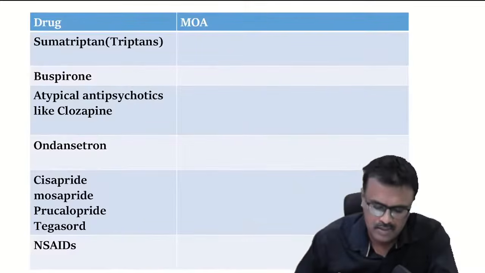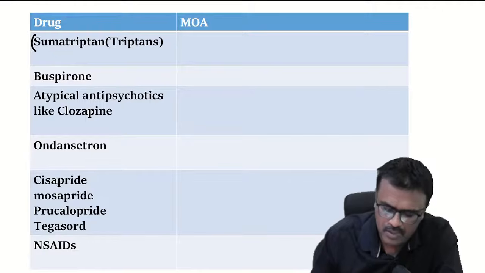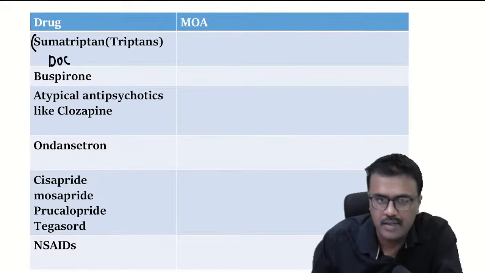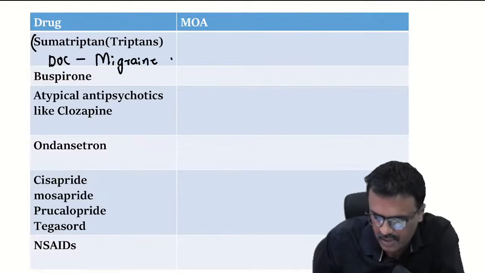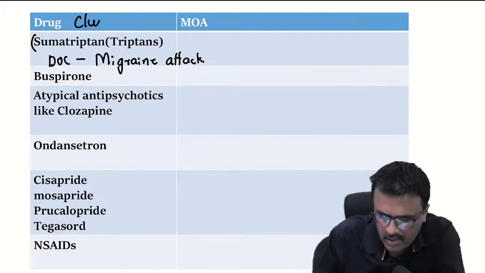Now let us start with sumatriptan. We know that sumatriptan is the drug of choice for two types of headache: an attack of migraine, and also cluster headache.